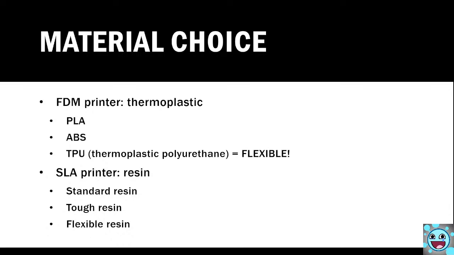The liquid material or the resin will be exposed to UV, and what happens next is that the exposure to UV or ultraviolet light will cross-link the polymers in the resin. What does cross-linking mean?